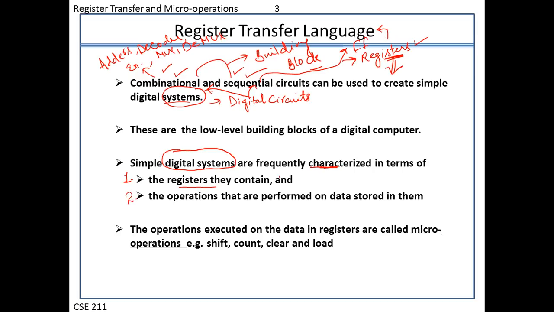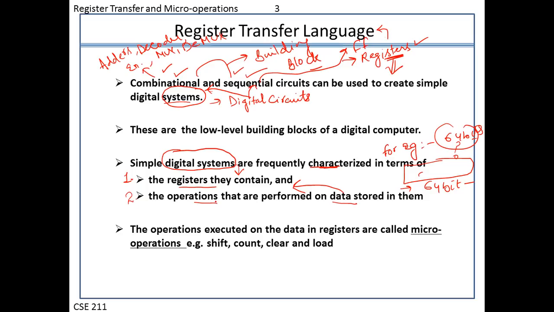And the second one is the type of operations we are able to perform on the data which is stored in these registers. For example, if I say my machine is 64-bit, what does it actually mean? It simply means that the size of the register that I am using for the instruction to pass to the machine is 64 bits. Means the register is of size 64 bits, which is able to take the instruction being provided by the users. So that is why within digital machines, it is very important to understand the concept of registers.